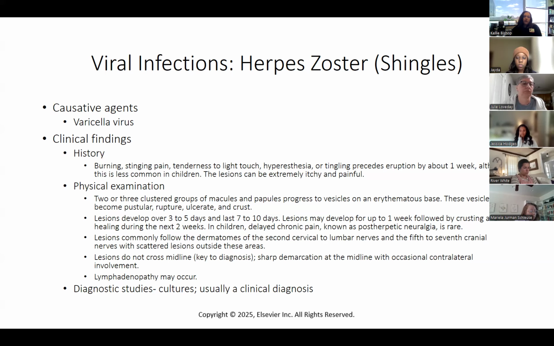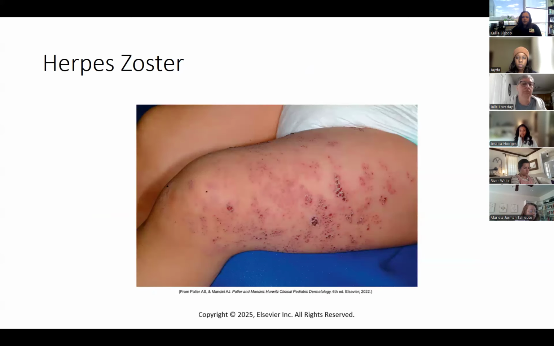But it is very itchy and very painful. So you can see where they're grouped and they follow those dermatome patterns. They're not just grouped in a cluster. They follow those dermatomes, but that's how it would be described to you in an exam question, as dermatome patterns.